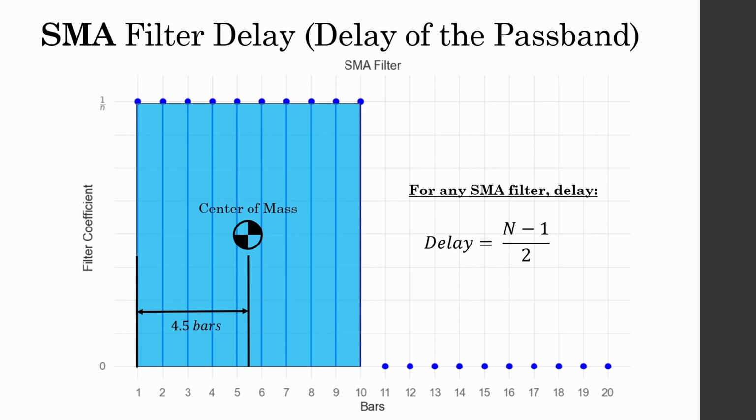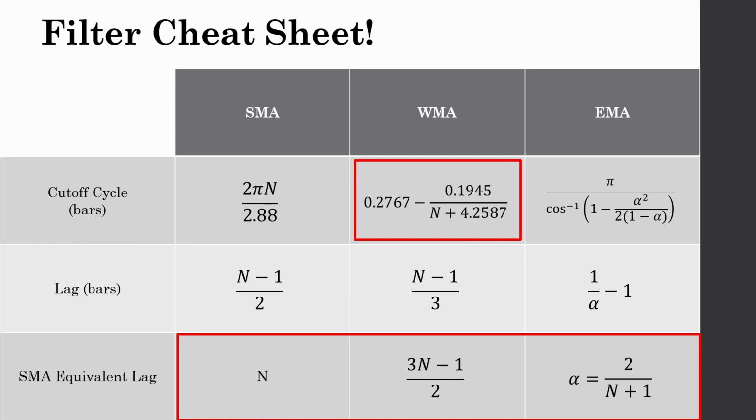That's pretty simple. So instead of showing all of this calculation for all the different filters, I made a little cheat sheet here. And so this cheat sheet has, for each of the moving averages that we use in trading, the simple, the weighted, and the exponential, the cutoff cycle, which I showed, and instead of giving you the frequency, I'm giving you the bars. So remember, the cutoff is the number of bars at which anything less than that is going to get attenuated or filtered out.